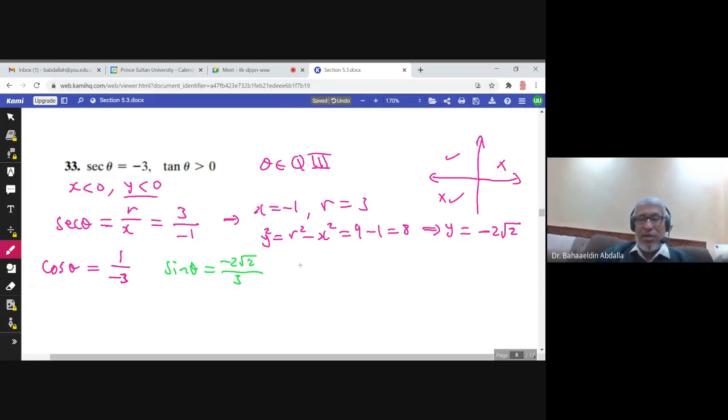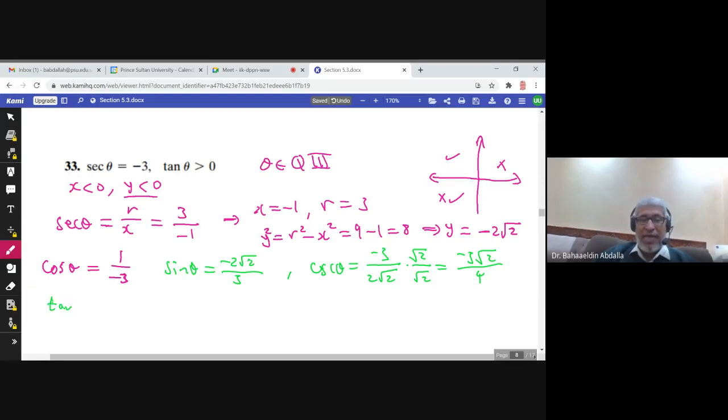And the reciprocal of sine, cosecant, would be negative 3 over 2 square root of 2. If you multiply by square root of 2 to rationalize the denominator, you will have negative 3 times square root of 2 over 2 times 2, which is 4.